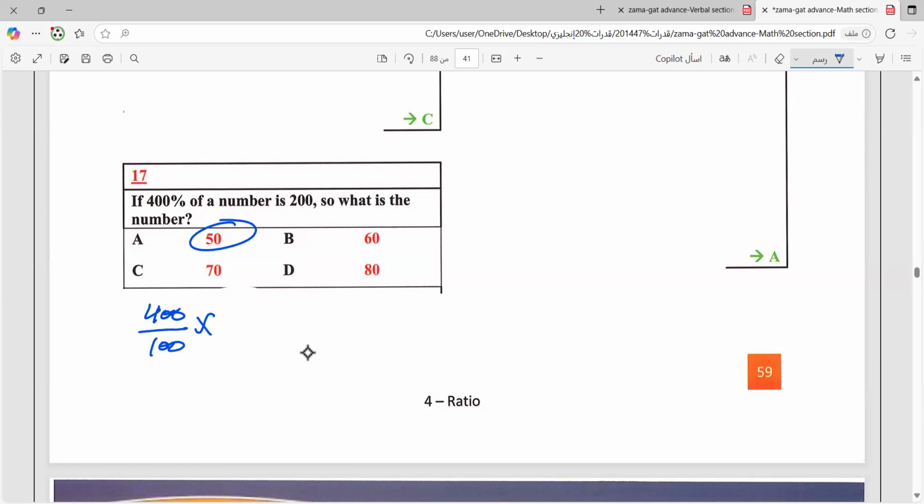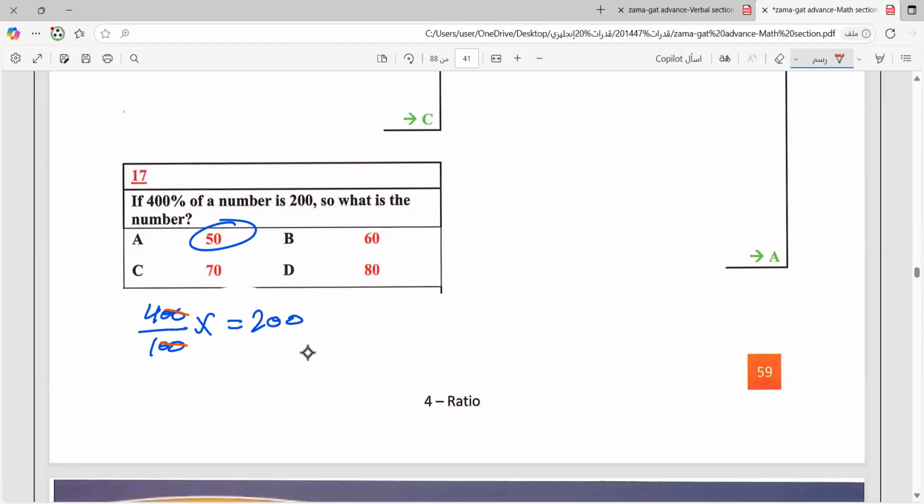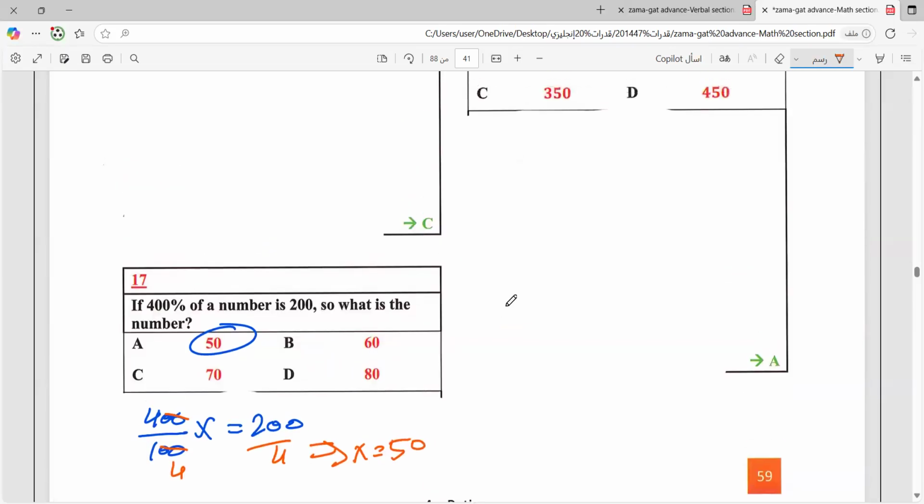So 4x equals 200. What is the number? So you can simplify first, then you multiply by 1 over 4, or you divide by 4 directly. So the answer is x equals 50. Correct. So the answer is A.